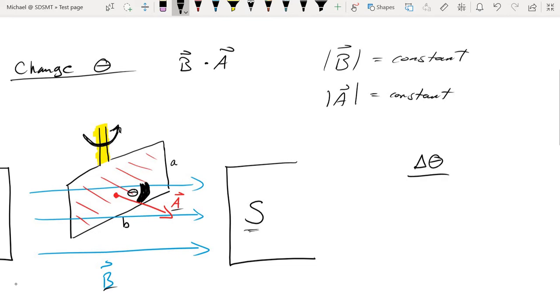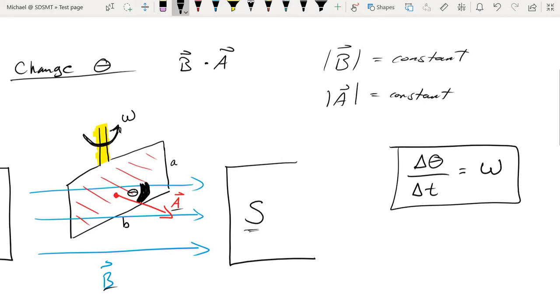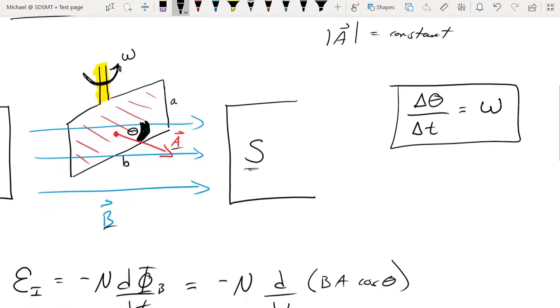And if we measured that angular displacement with respect to time, then we could call that combination the angular velocity. And so this coil is going to be spinning at some rate of angle per second. That angle needs to be measured in radians. All of that angular motion stuff back from Physics 1 had to be measured in radians.